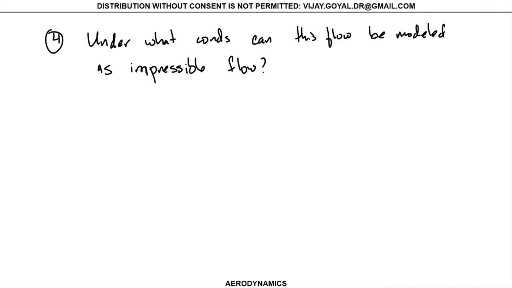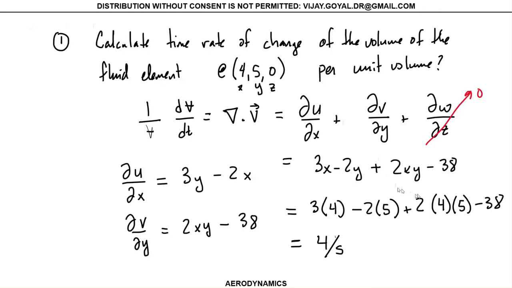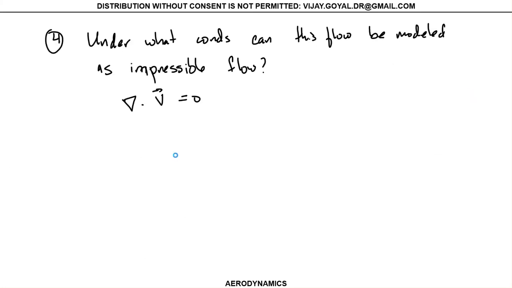If you remember our notes, I told you that the only way this can be incompressible is if we can show that this is actually equal to 0. Okay? This is the condition for the flow being incompressible. So if we go back here and find this equation, we showed that it was actually equal to this. So I'm going to just copy paste this here.